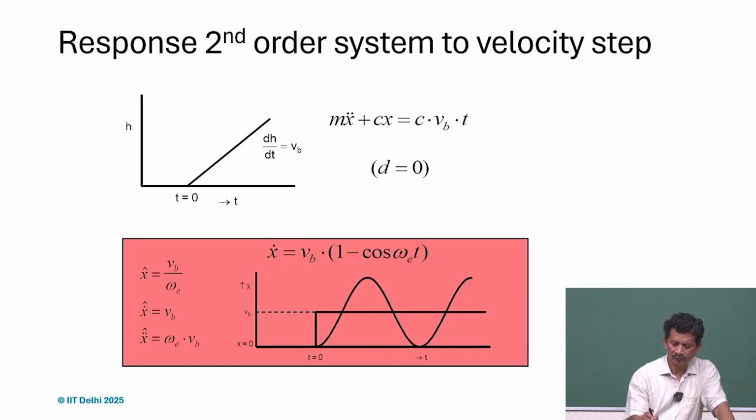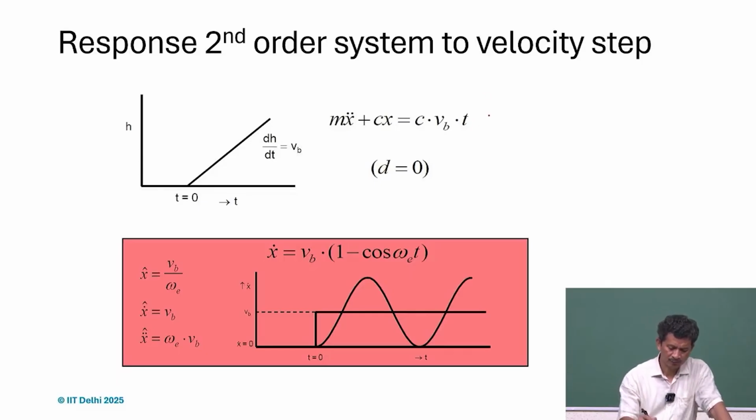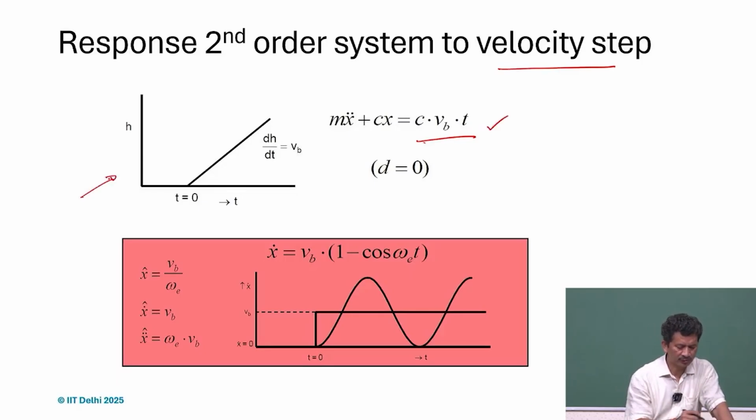What happens if we have a velocity step? So in case of velocity step, the output is C Vm times t here. So this is the representative plot.